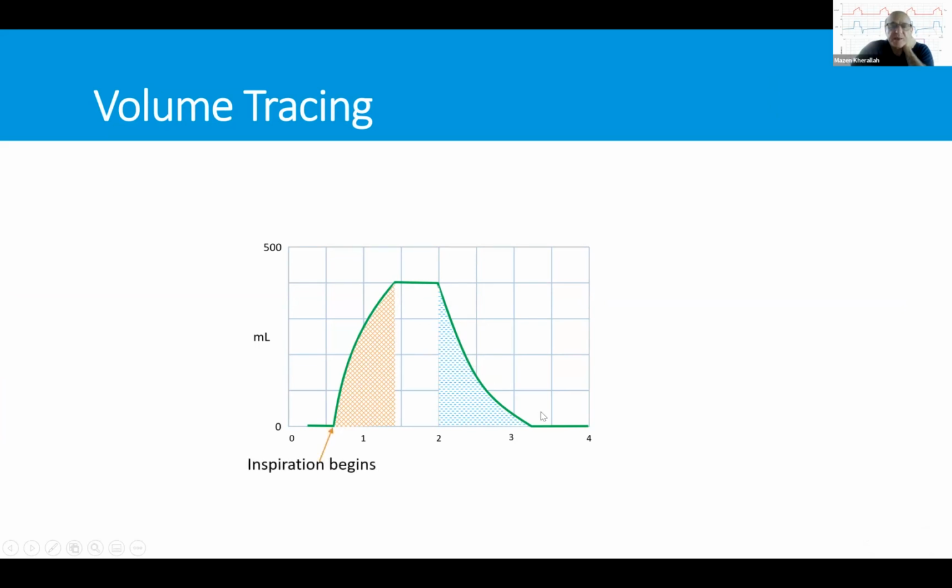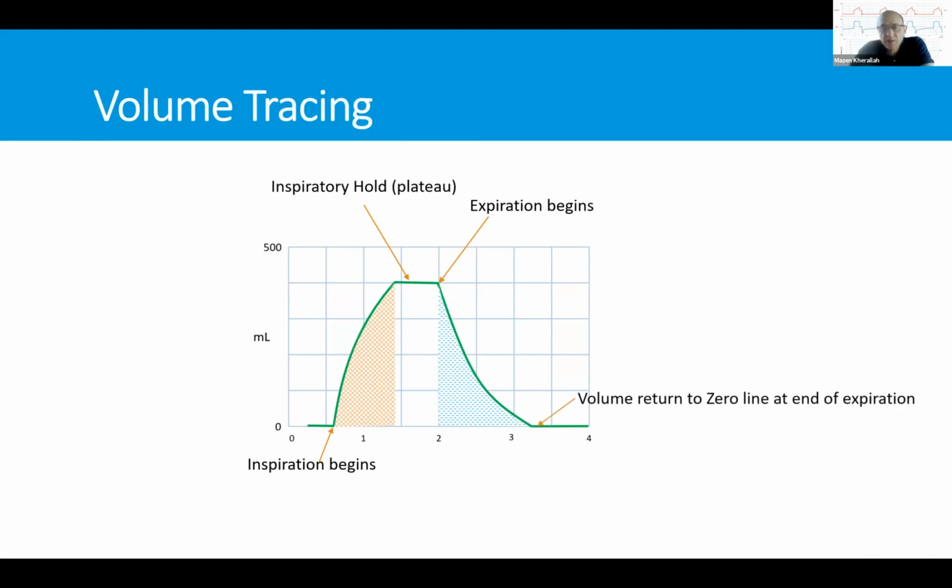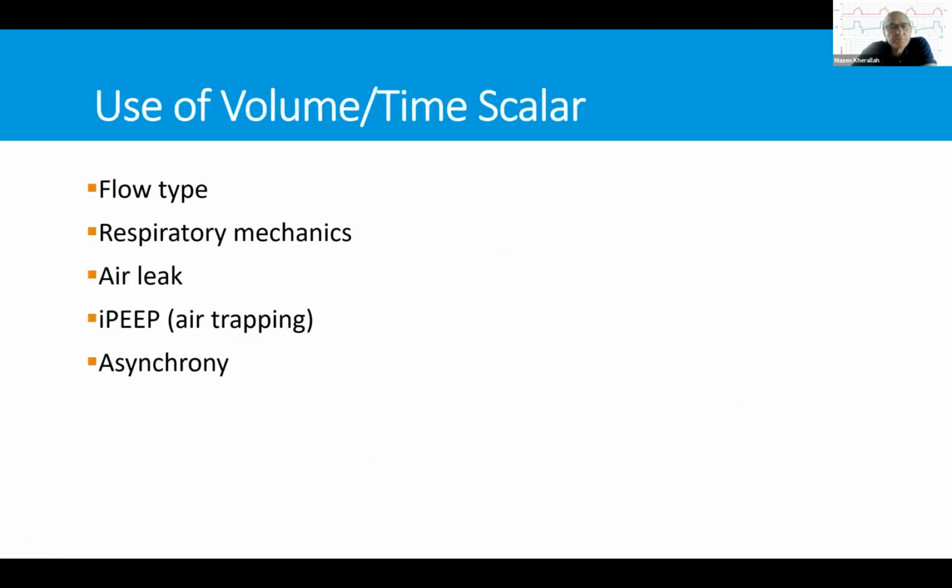So inspiration begins at this point, and expiration begins at this point, and this is the plateau phase of the breath. The volume needs to return back to 0. If it does not return back to 0, similar to the case of the flow, it means either we have air trapping or air leak.